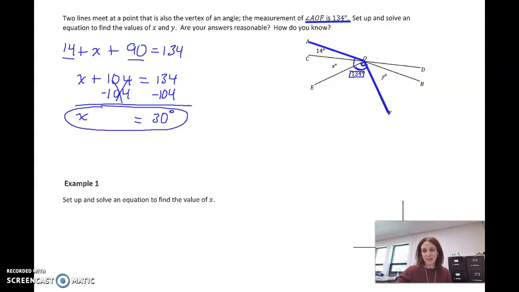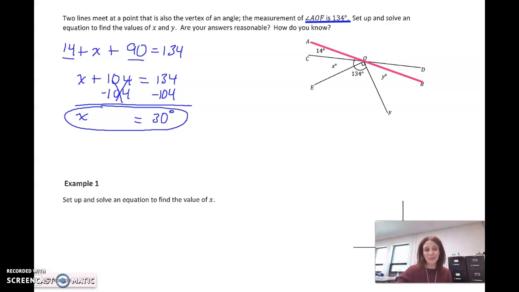Now let's use that to find out what y is. Okay? Kind of refocusing here. Let's do this. All right. So y is right here. If we look, and again, fill out as many as you can, I can see right here that this is a straight line, right?